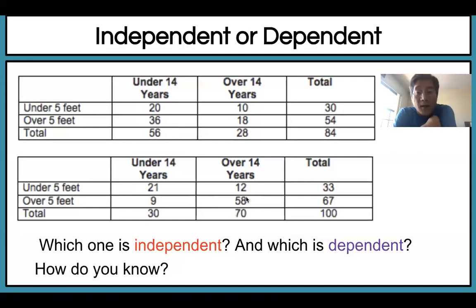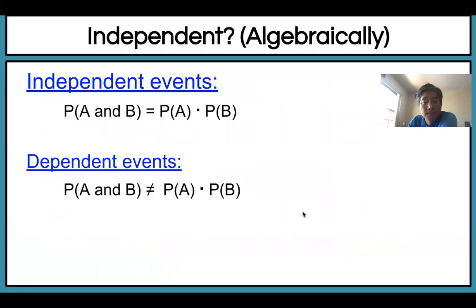Let's try this time algebraically. We need to know how to show this algebraically. Let's go. How do we show it algebraically? This is the formula. The probability of A and B is equal to the probability of A times the probability of B. A and B is the intersection, right?